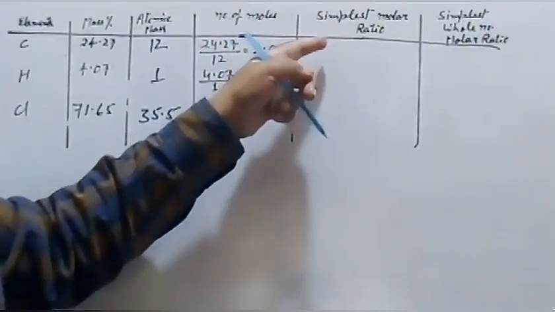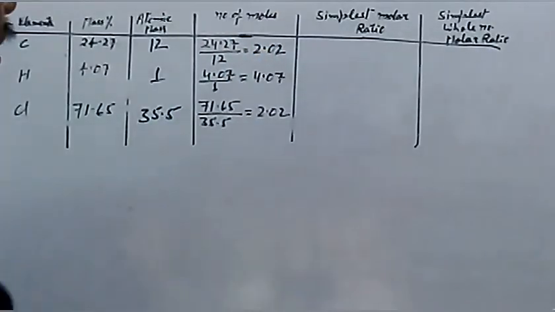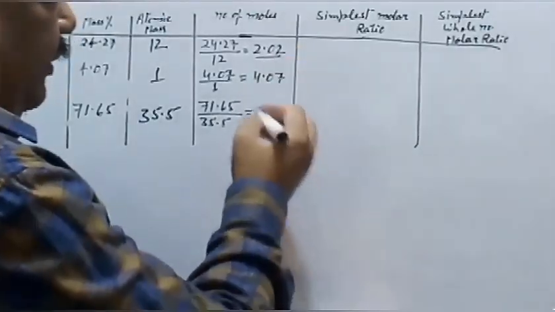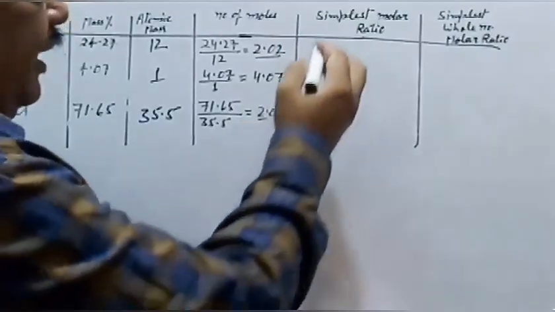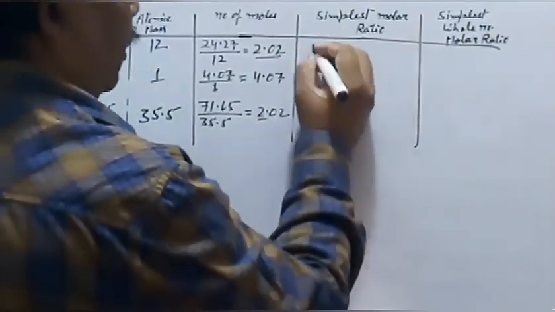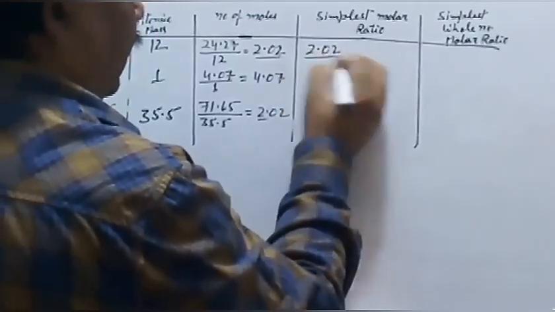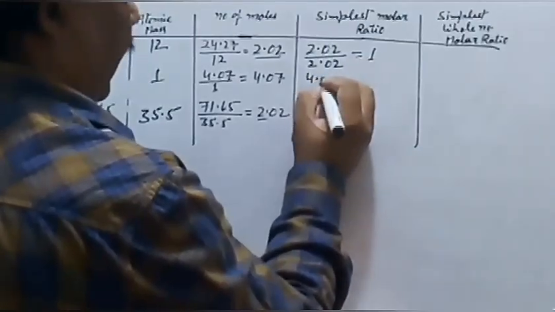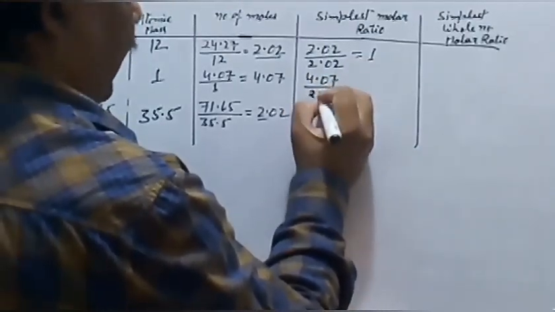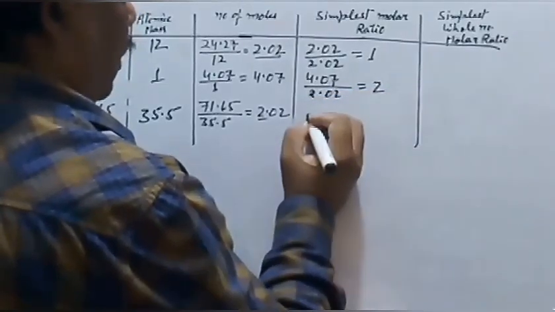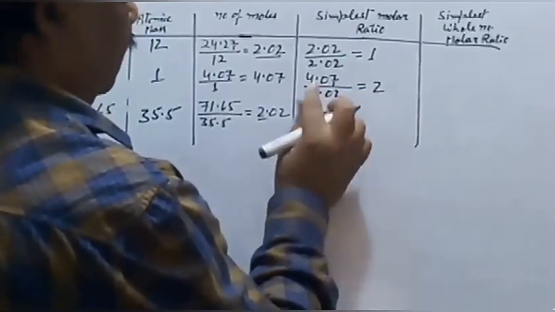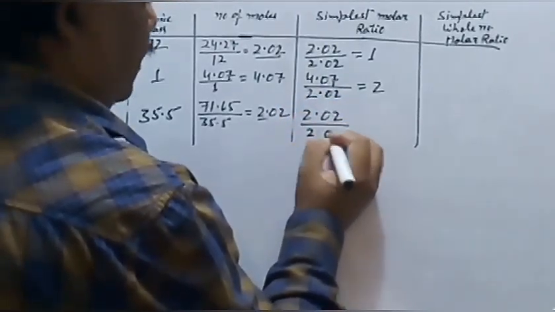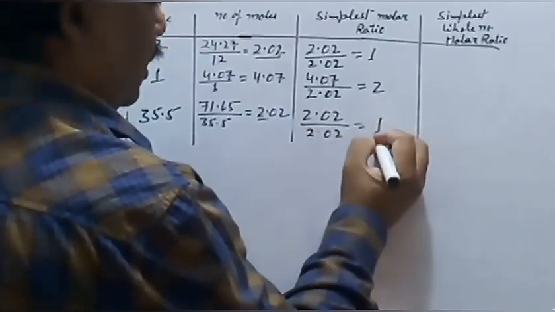Then we calculate simplest molar ratio. 2.02 is the least number of moles, so we divide all the numbers of moles by it. 2.02 divided by 2.02 equals 1. 4.07 divided by 2.02 equals 2, and 2.02 divided by 2.02 is also 1.